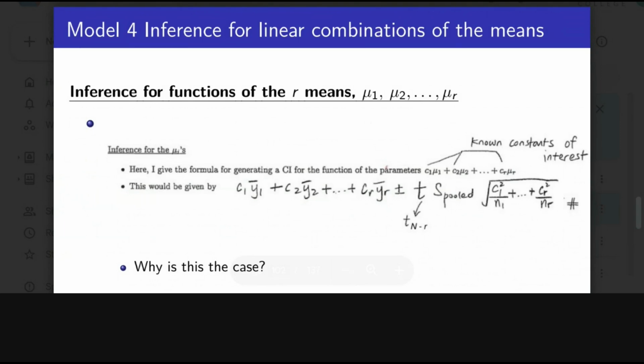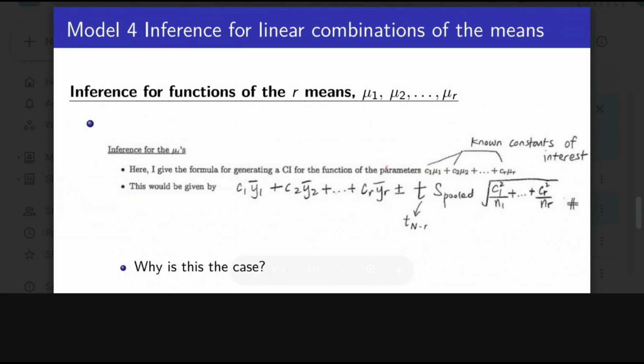If I want to form a confidence interval for C1 mu1 plus C2 mu2, up to Cr mu r, what do I use? It's not hard to understand. Have a look. You take the original constants that you're interested in, C1, C2 to Cr, but instead of the mu's, you plug in all the possible sample means.